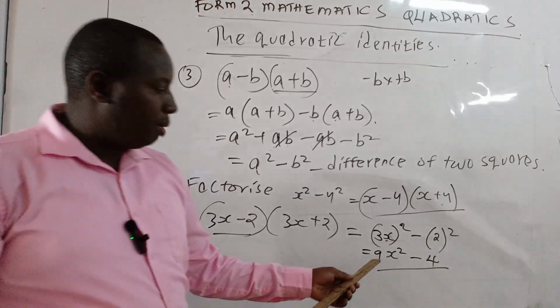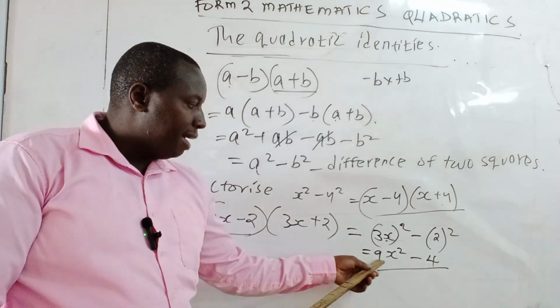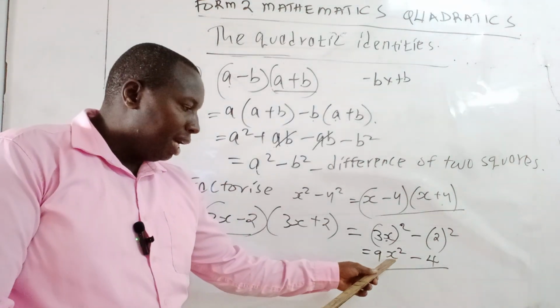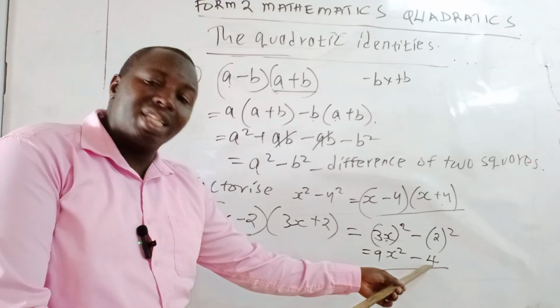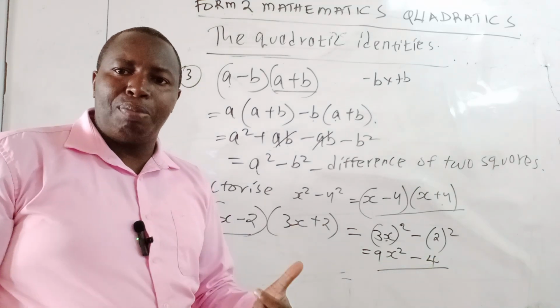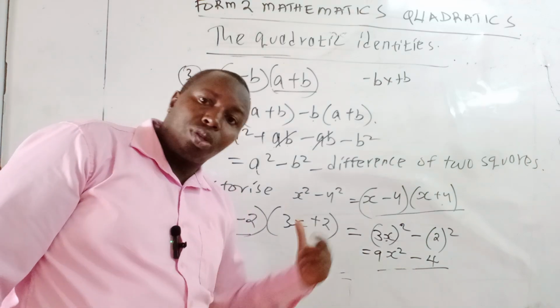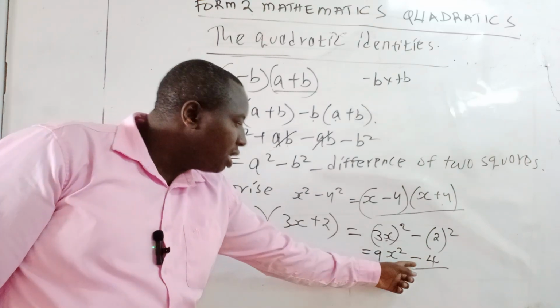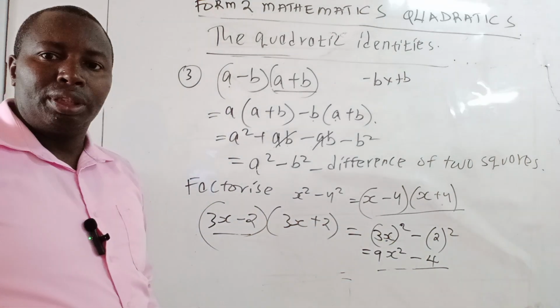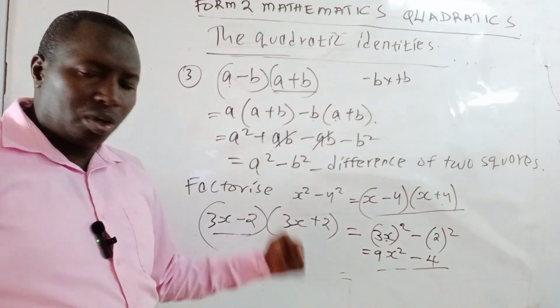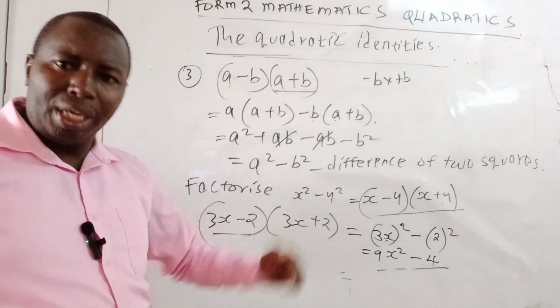So this becomes 9x squared minus 4. 9 is a square number, x squared is a square number, and 4 is a square number. These are a difference of two squares. If you factorize this, you get back to the factors.